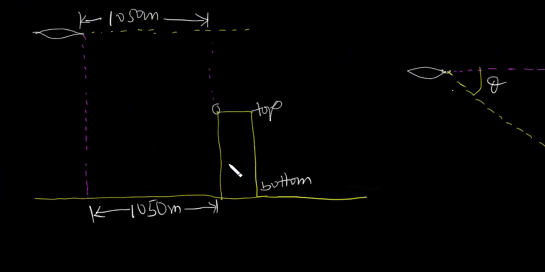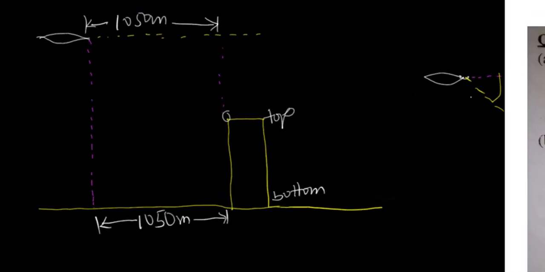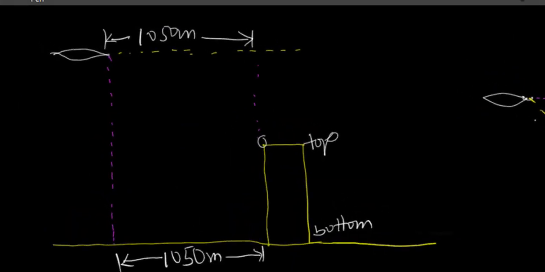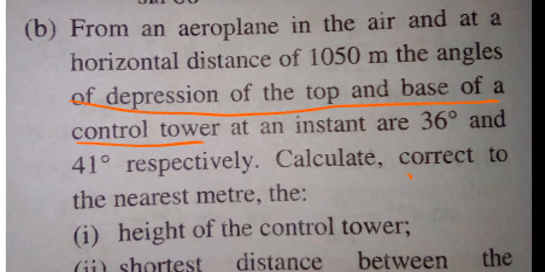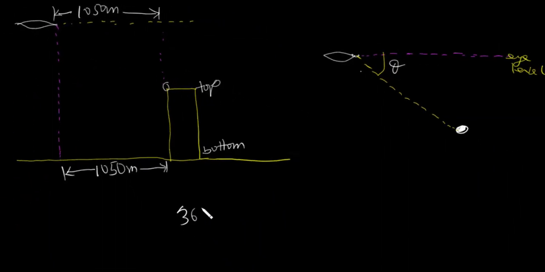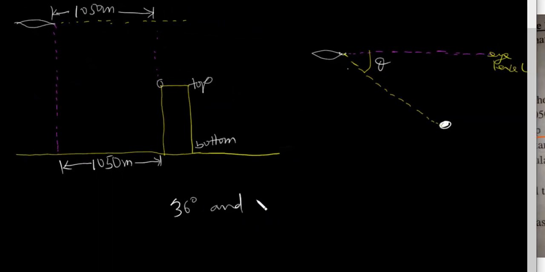Then we are also looking at the bottom of the tower. So from the aeroplane, looking at the top of the tower and that of the bottom, we have 36 degrees and 41 degrees respectively. Respectively means the first for the first one and the second for the second one.